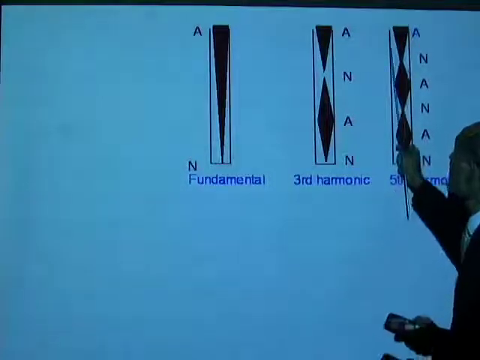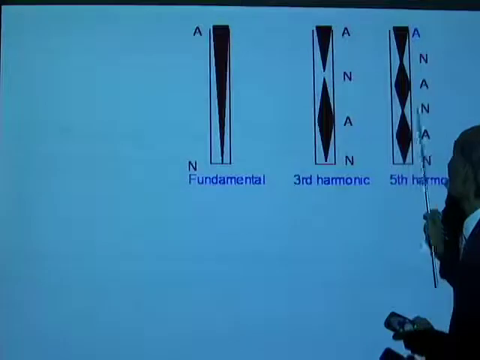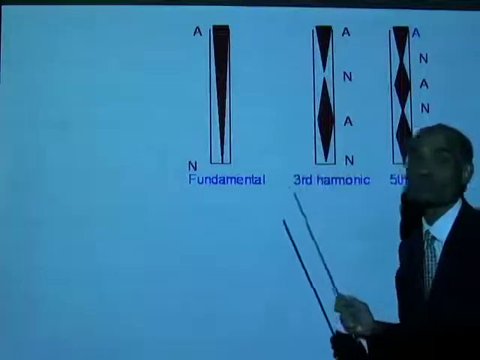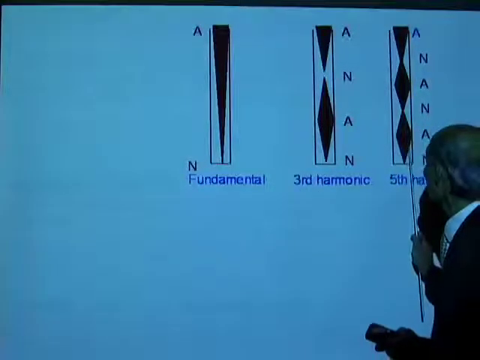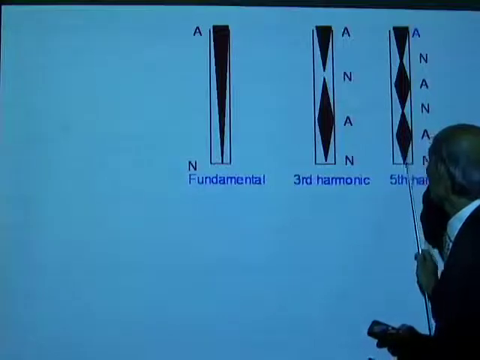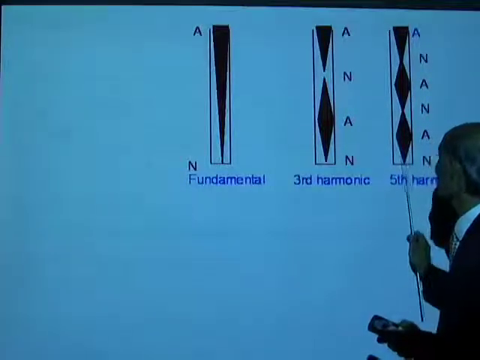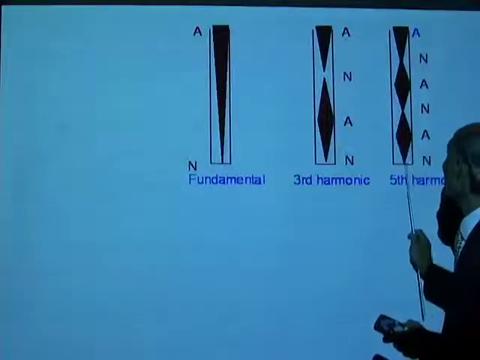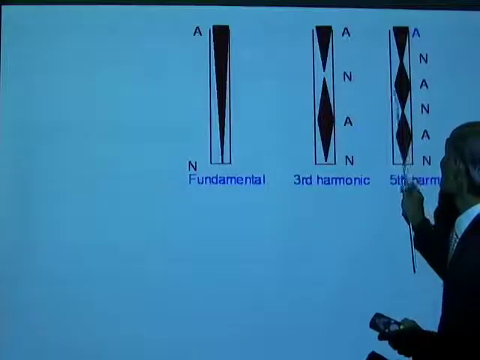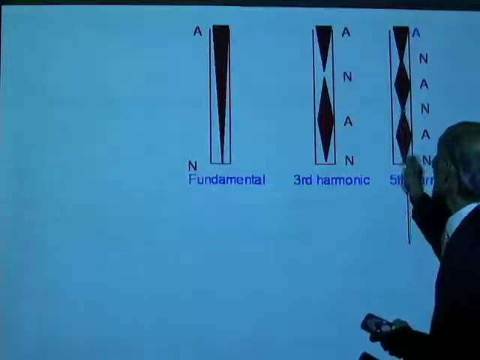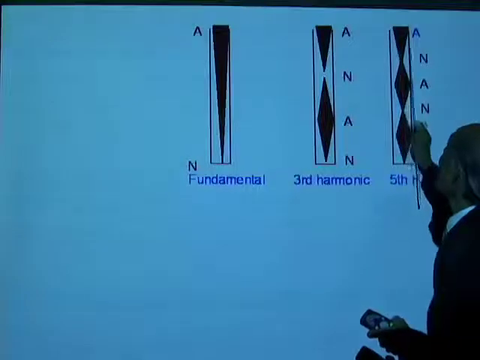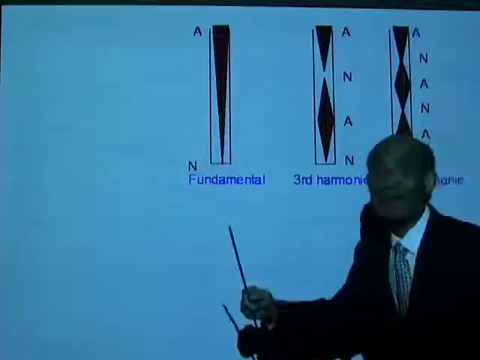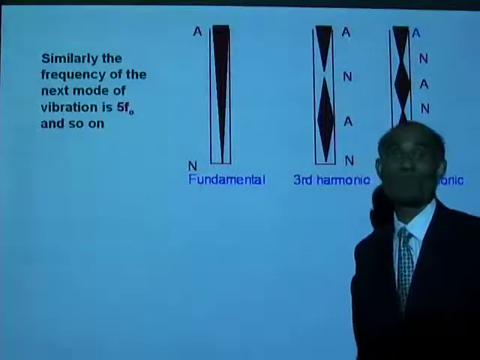Tell me, how many waves are there inside the length of the tube? You can go like this. The distance between an antinode and a node is 1/4 of a wavelength. 1/4, 2/4, 3/4, 4/4, 5/4. There are 5/4 of the wavelength.